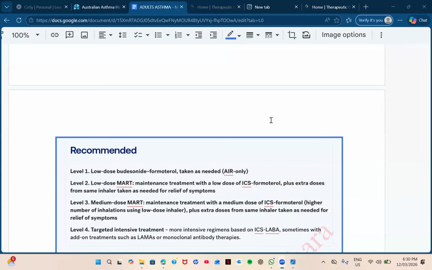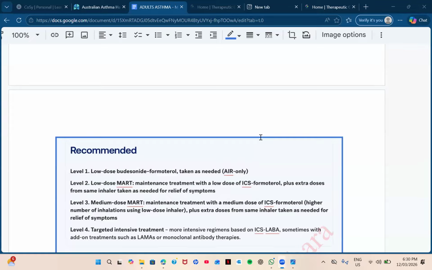So the main reason in MART therapy is both reliever and preventer in one inhaler, right?